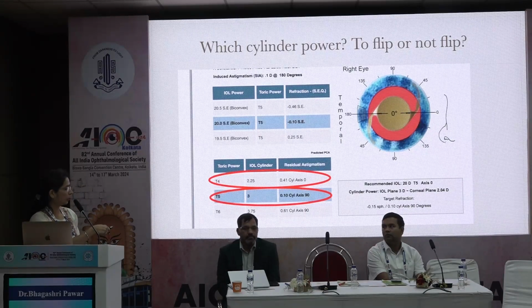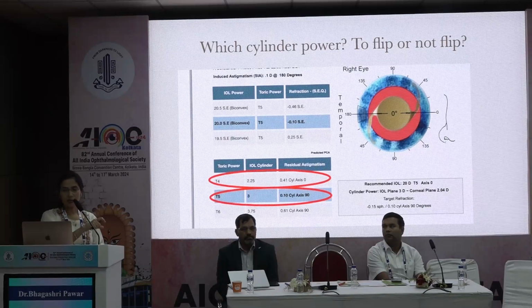When we use 2.25 cylinder at the IOL plane, the residual is 0.5 and we are retaining the steep axis, against the rule. But if we use the higher power 3 cylinder, we are flipping the axis to 90 degrees. Now the astigmatism is with the rule and the residual is 0.1.